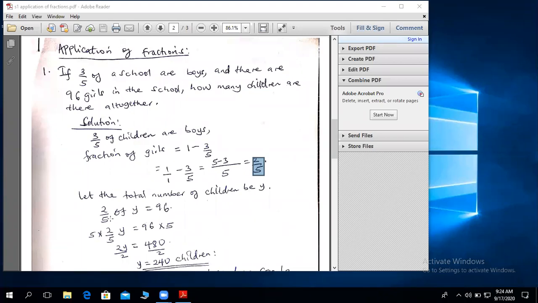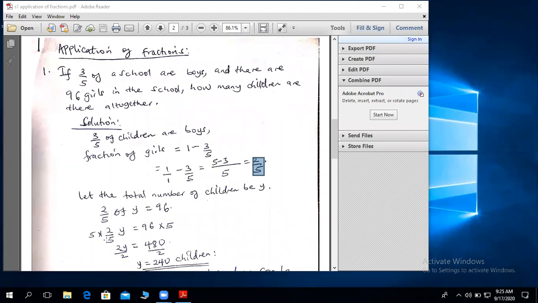So I try to eliminate, when of means multiplication. That means 2 times y out of 5 is 2y out of 5, which is equal to 96. What am I doing here? I'm trying to eliminate the fraction. So I multiply by 5 on the left, and I also multiply by 5 on the right. What I do on the left, I do it on the right.